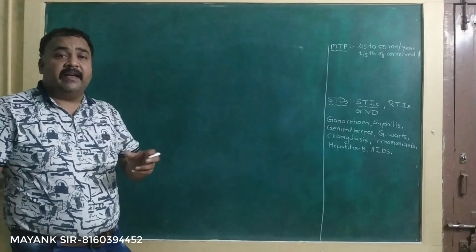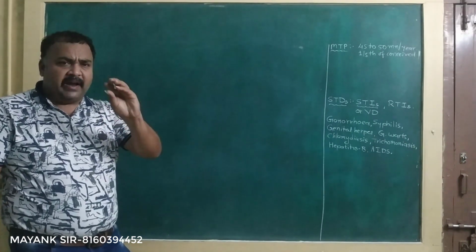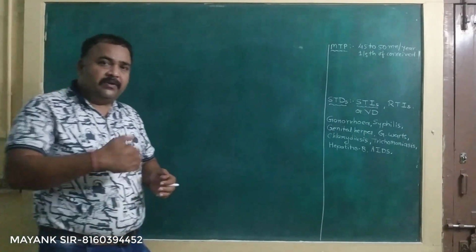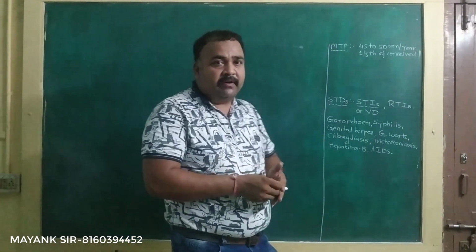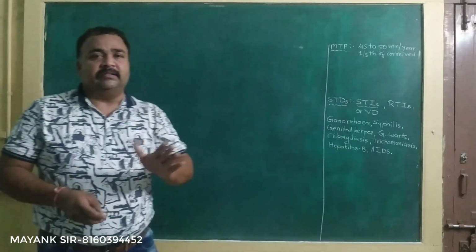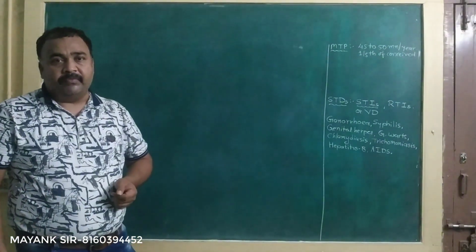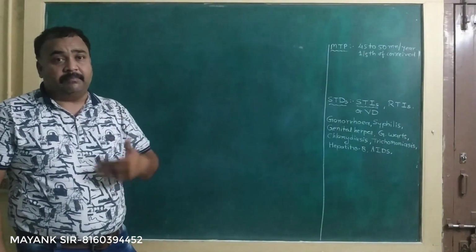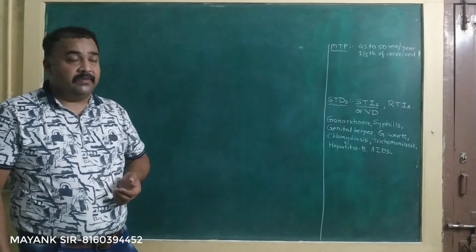It is known as the unwanted 72 pill. That means after coitus, if it is taken within 72 hours, fertilization will not occur in the female body. There is another type of contraceptive I forgot to discuss with you.